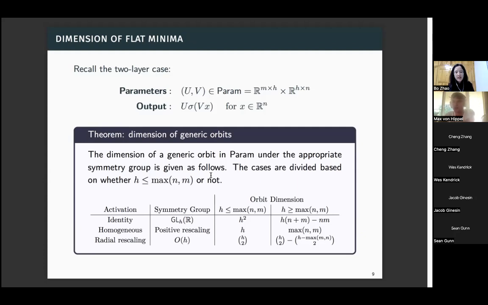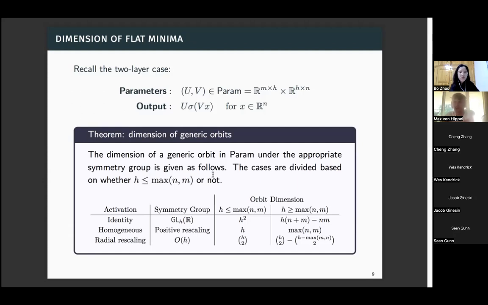Yeah. So if the activation is not identity, we'll only talk about the cases listed here. For a two-layer neural network, we already have the form of the neural network. But for a deeper neural network, we need to account for these symmetries between every pair of consecutive layers.